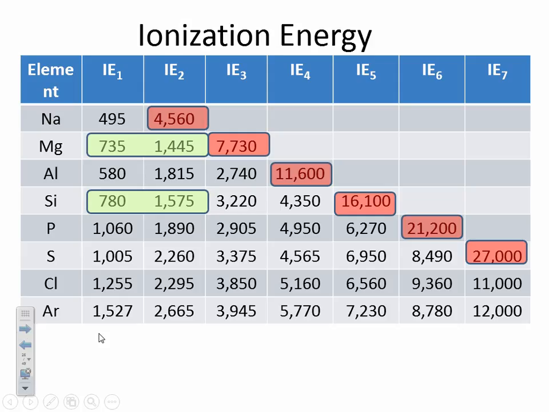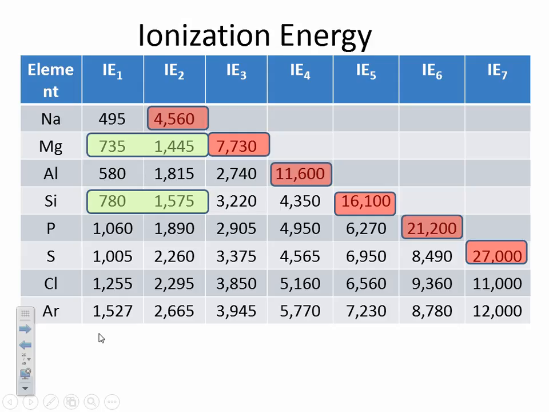And then if you're looking at magnesium, to get that third electron, when compared to the second, you're looking at almost 5 times, or a little bit more than 5 times the amount of energy. So when you have these large jumps in energy that are required to remove an electron, this is where we have transitioned from valence electrons into core electrons.